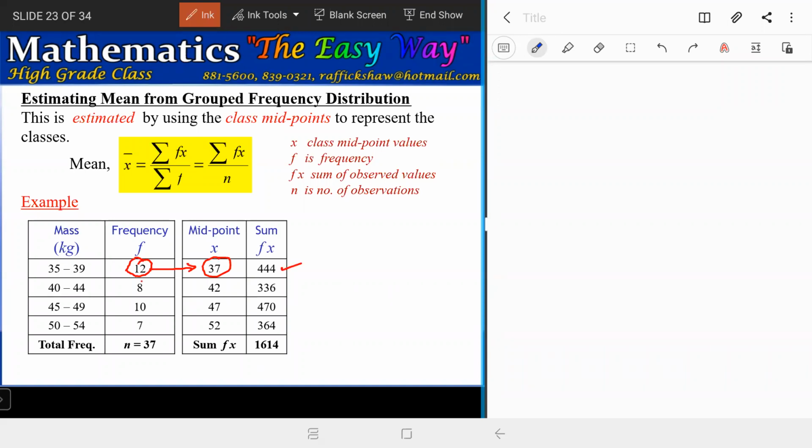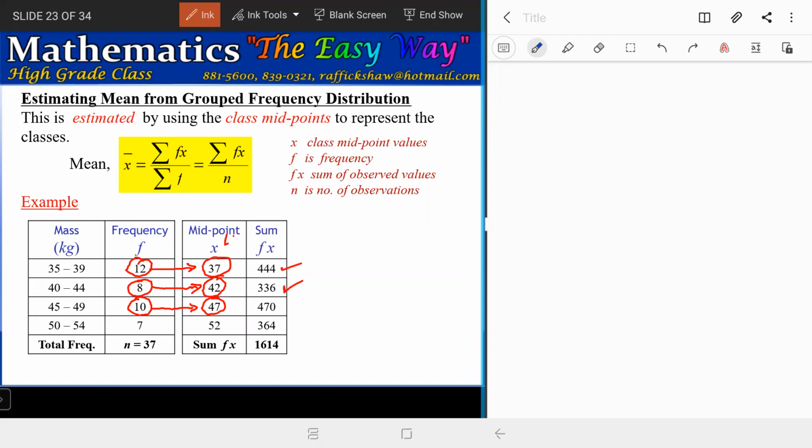And then the 8 balls in this group, you're assuming that all of them measure 42, which is not necessarily true. The total mass of those 8 balls is 8 times 42, which is this. You're trying to find an easy way to add up the mass of all 37 balls. Then the 10 balls here, you're assuming all 10 measure 47 kilograms.